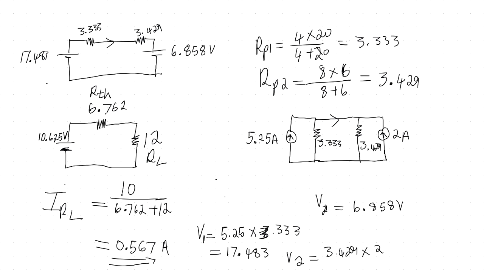So I watched these YouTube videos, and the way they do it is different from the way you are doing it. They don't do source conversion and things like that. They remove the sources, calculate the RTH or the RN from there, and afterwards apply superposition or whatever law to get the IL or VTH.